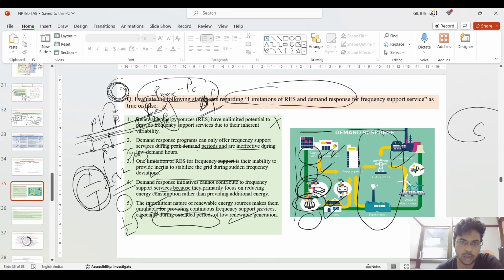The second statement says that demand response programs can only provide frequency support services during the peak demand period and are ineffective during the low demand hours.